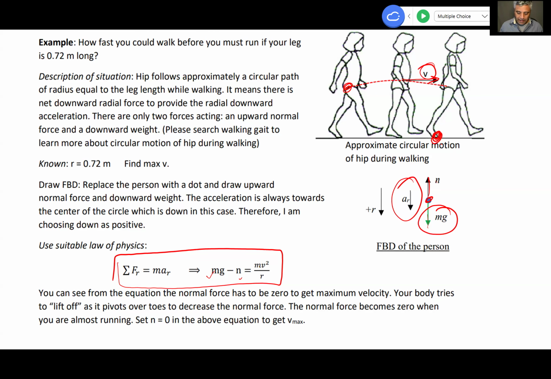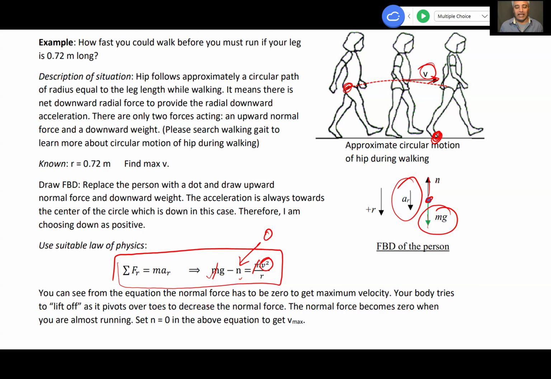If we set the normal force to approximately 0, then we can solve for the speed. Mass cancels, of course, and we can solve for the speed. That speed would be the maximum speed you can walk without running. You can calculate that using the physics.